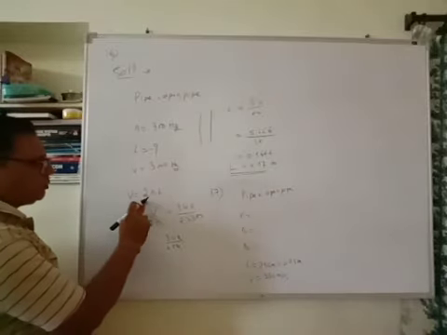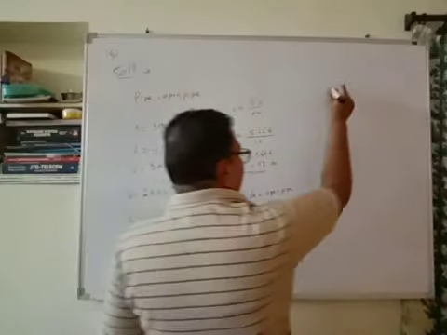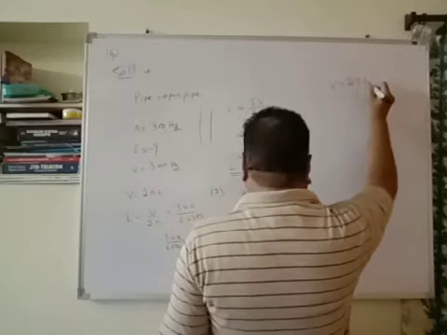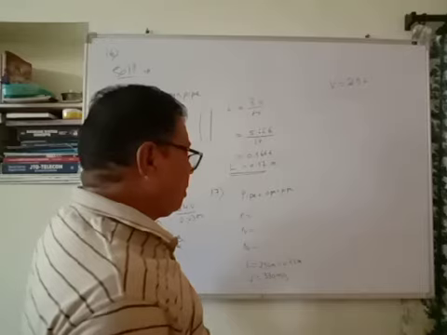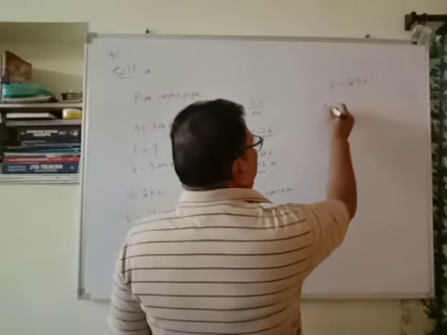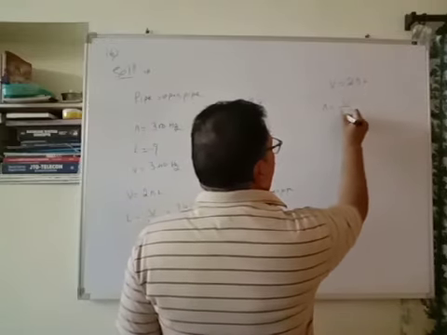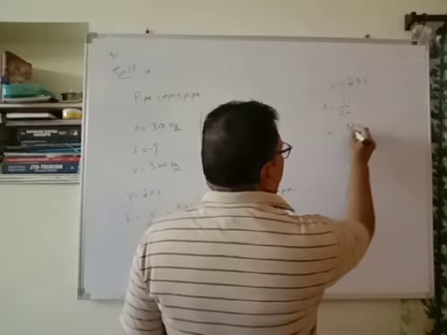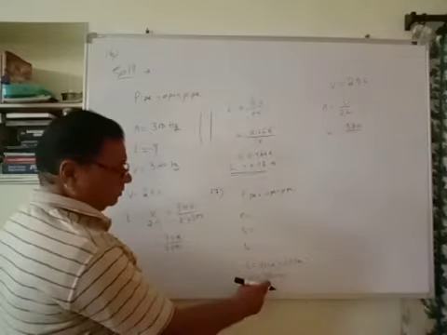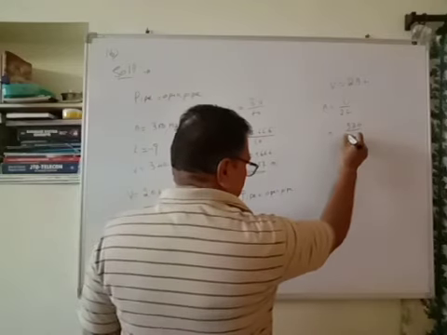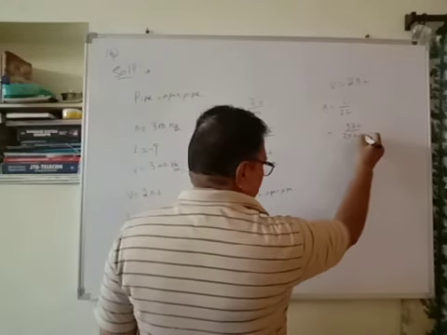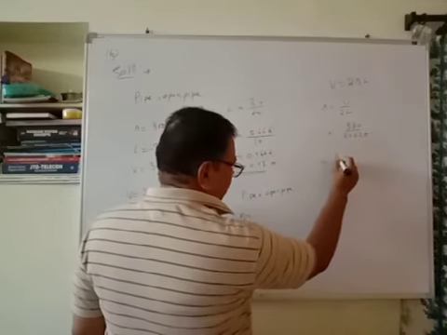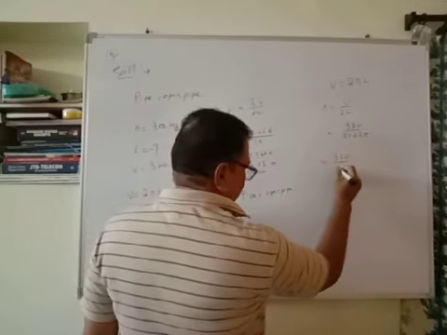As we know, V is equal to 2NL, or the fundamental frequency N is equal to V upon 2L. Velocity is 330, 2 into 0.25, or 330 divided by 0.5.